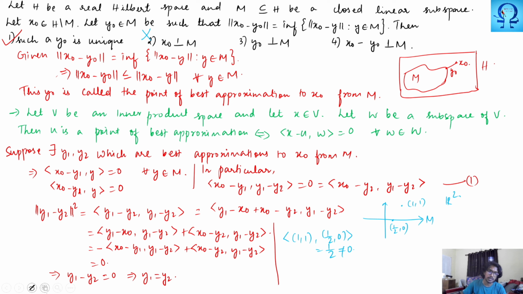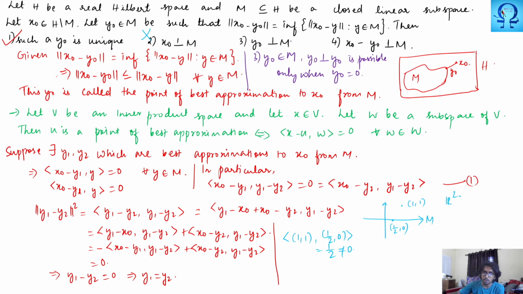Option 3 claims that y0 is perpendicular to M. This y0 is also a member of M. So y0 is a member of M, and y0 being perpendicular to y0 is possible only when y0 is the zero vector, because no nonzero element is orthogonal to itself.